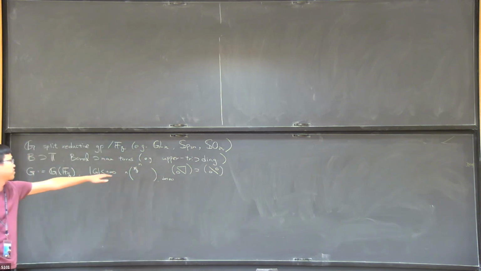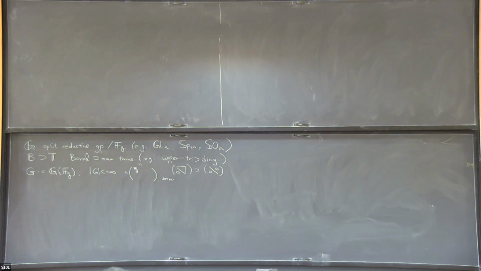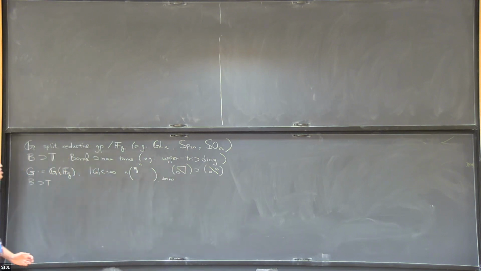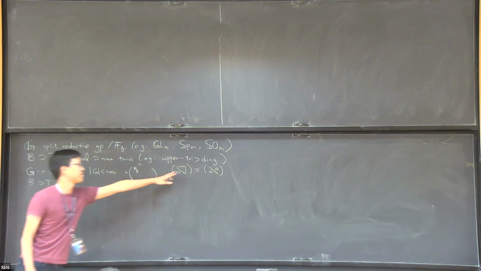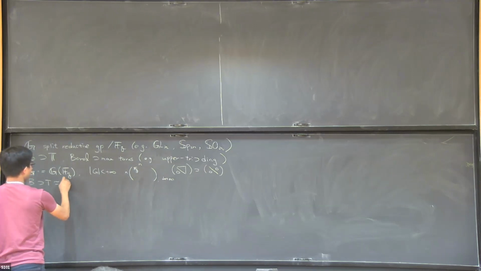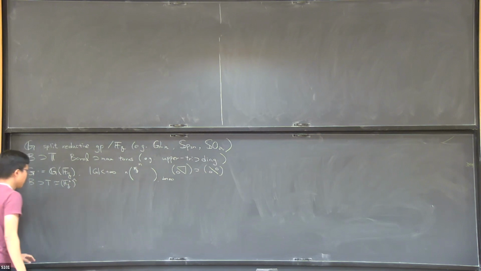So this is a finite group. Also, I can define what B and T are. You could guess, in the GL_n case, B is just the upper triangular matrices with entries in F_q, and T is just n copies of F_q cross.